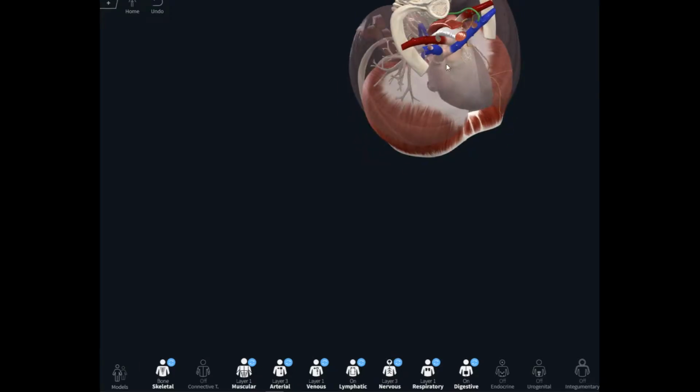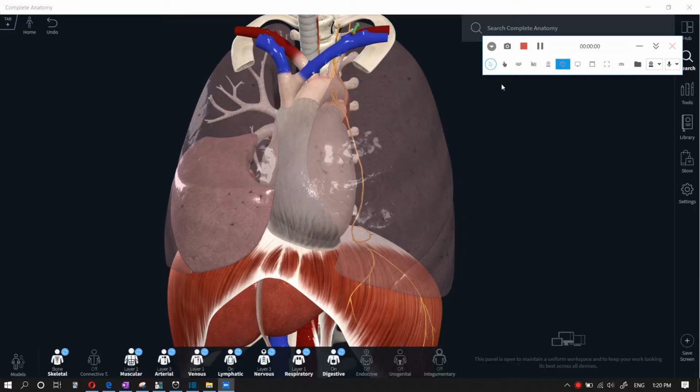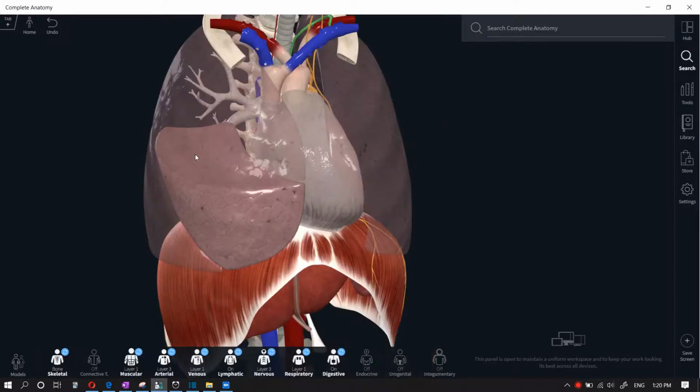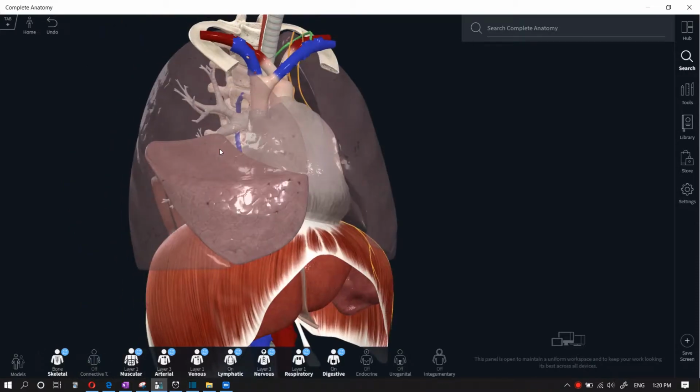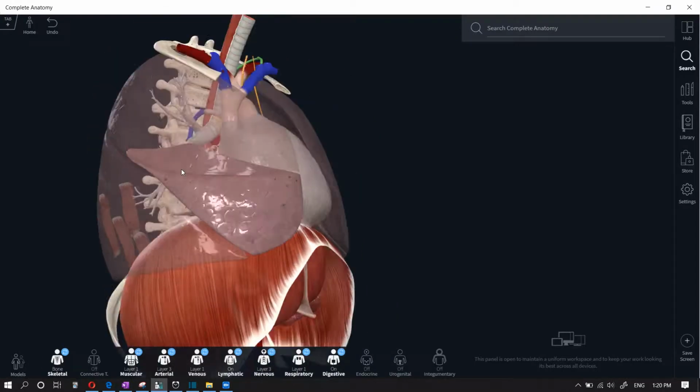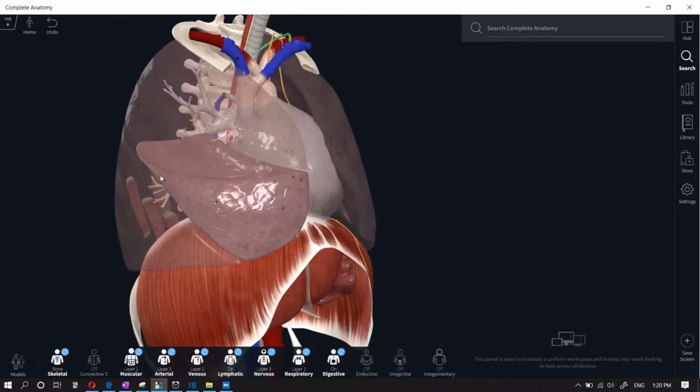The next thing we can see is some of the relations with the trachea. As you can see here, we have the right and the left lung. Considering the right lung first, it is divided into three parts with the help of two fissures: one long fissure, the oblique fissure, and one short fissure, the horizontal fissure.